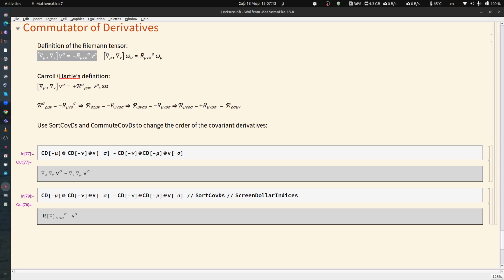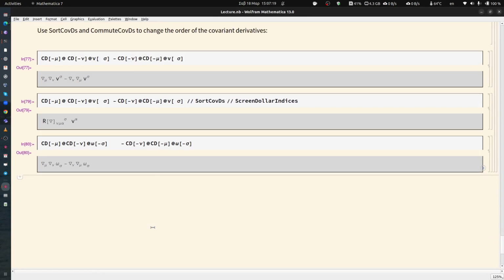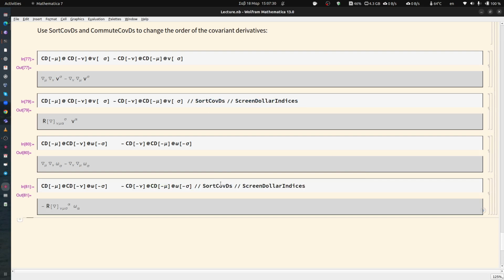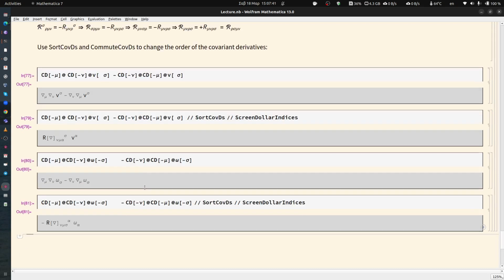Similarly, we can compute the action of the commutator on the one form here, and again obtain an expression that gets rid of the commutator and replaces it with the equivalent expression involving the Riemann tensor.